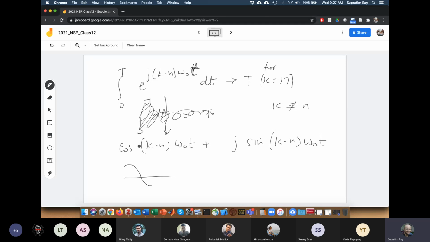This is some number, not some fraction; it's either 1 or 2. So cos omega naught t will go like this. 2 will be twice that, so there will be 2 full cycles there.